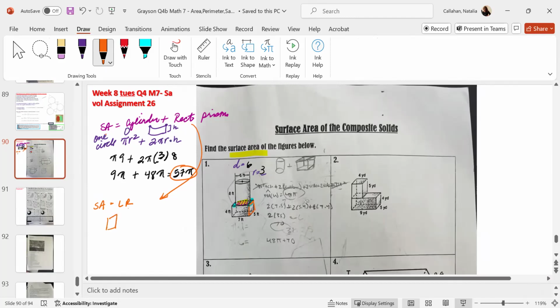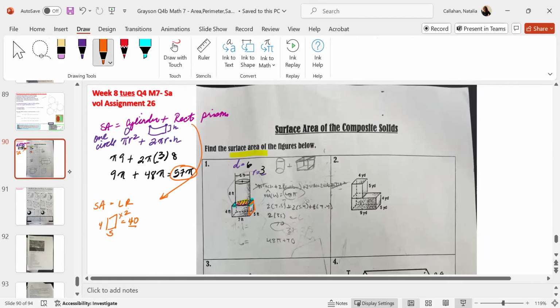What are the other two of them, right? And what is the length and width of that? How would you find the area of that? What are the two numbers? 7 and 5. So that's going to give me 20. So 20 times 2 is 40, correct?